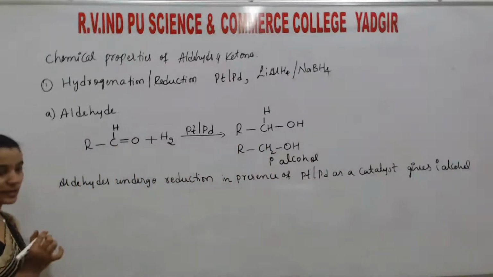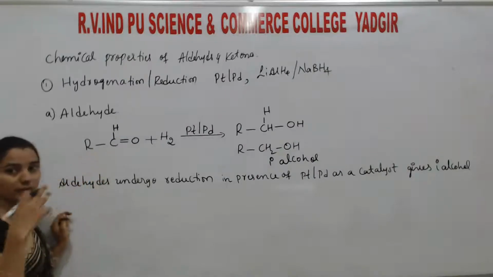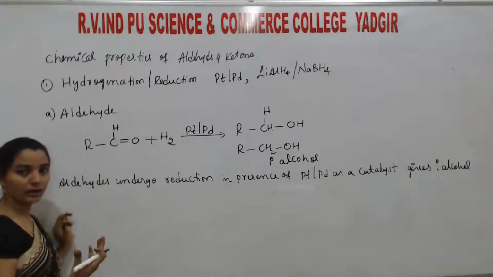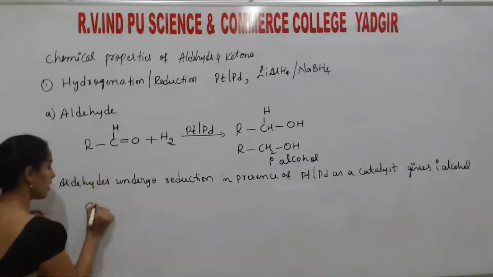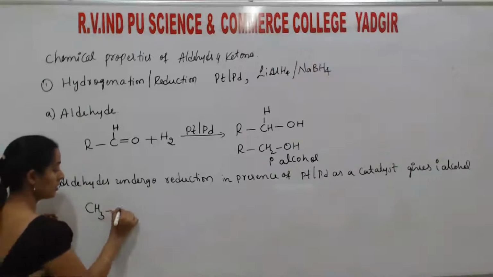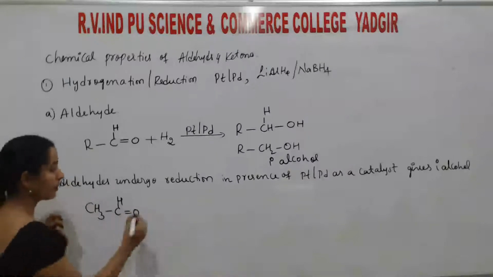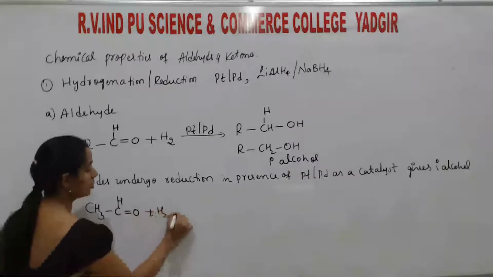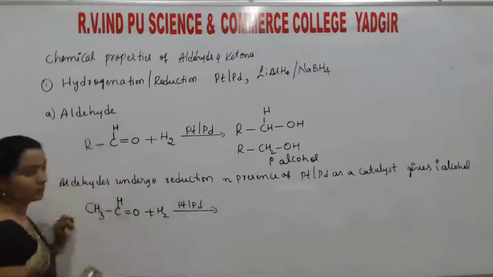This is the statement. If we take an example, this R may be replaced by any alkyl group or aryl group. So I will go with the simple examples. I will take R as CH3: CH3 CH double bond O. Hydrogen is added here, with palladium as a catalyst.